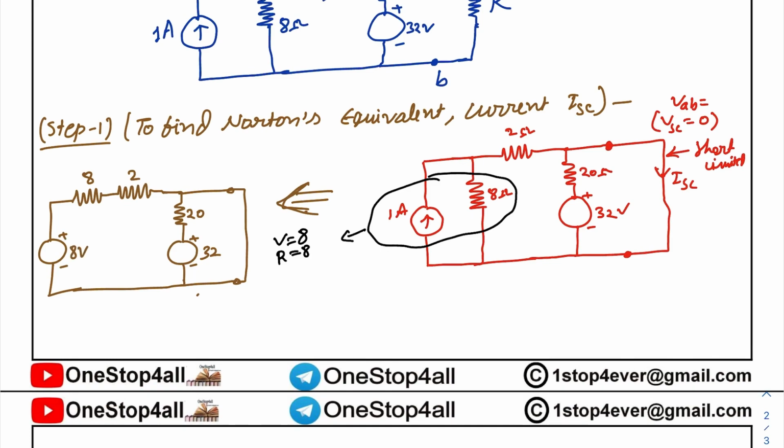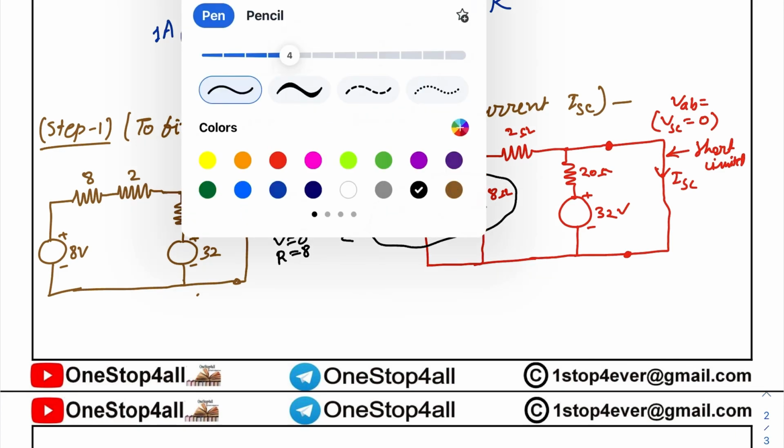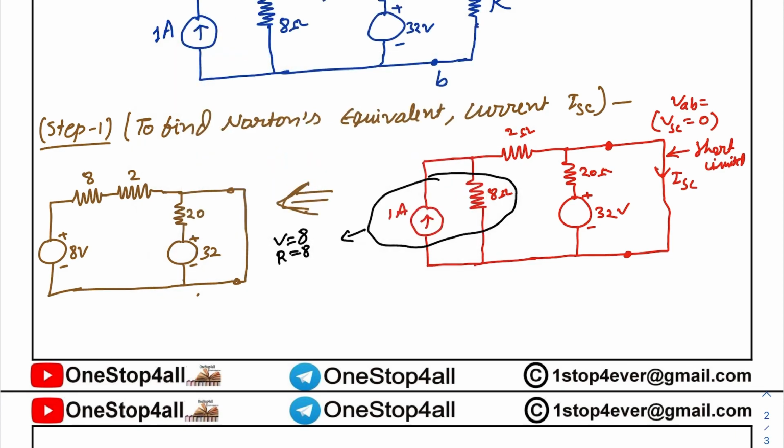Okay. Now to solve this circuit, we will assume that this current is your I2 current, and let this current be, means in this branch let it be I1, and this current we already know that is ISC.